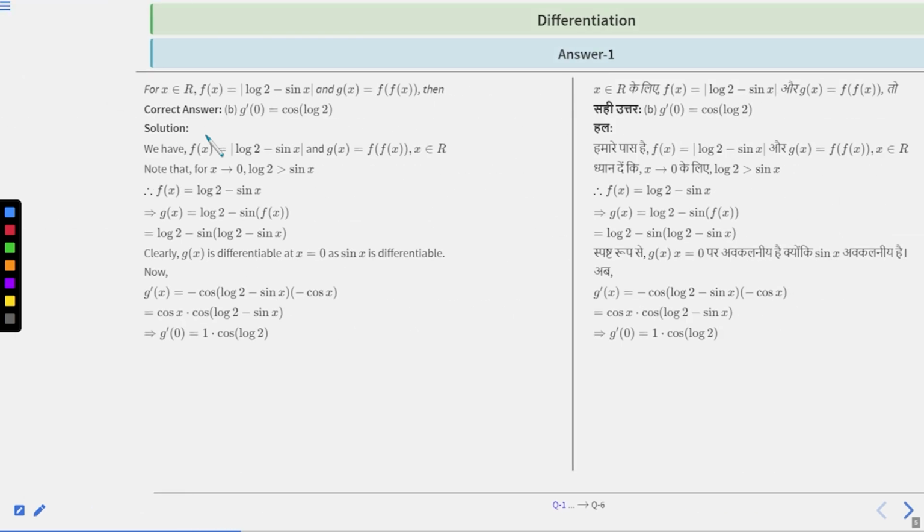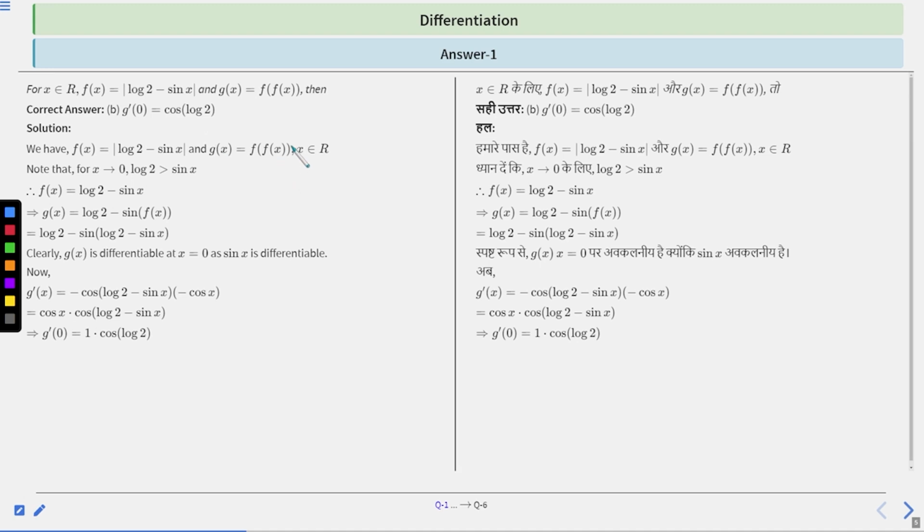Okay, let's move to the solution part. We have f(x) is equal to mod of log 2 minus sin x and g(x) is equal to f of f(x), such that x belongs to real. Note that when x tending to 0, log 2 is greater than sin x.